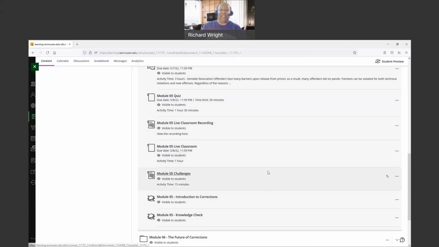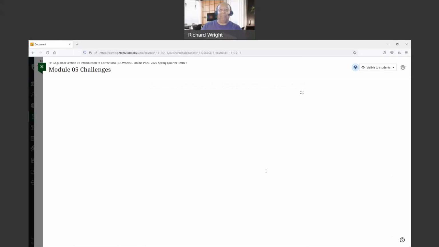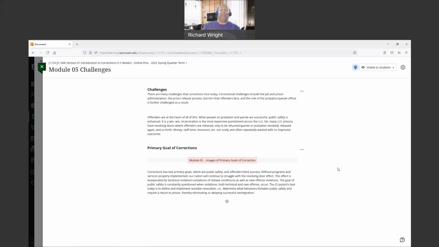Well, let's talk about these two sections. First, let's talk about the challenges. As you know, there are a lot of issues that face individuals in jails and in prison. So it's important for you to understand, first of all, the reasons why they're there in the first place.